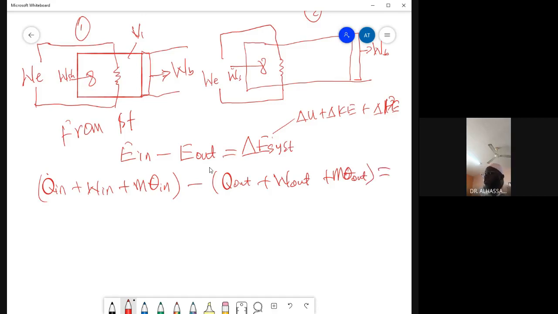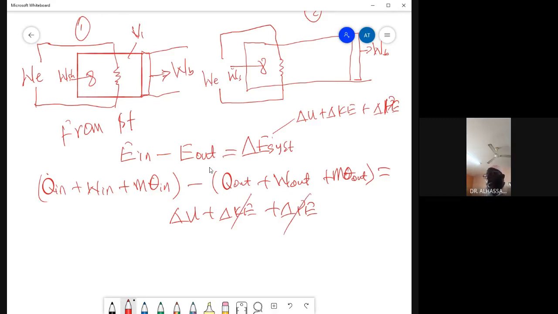This should be equal to change in delta U plus delta KE plus delta PE.